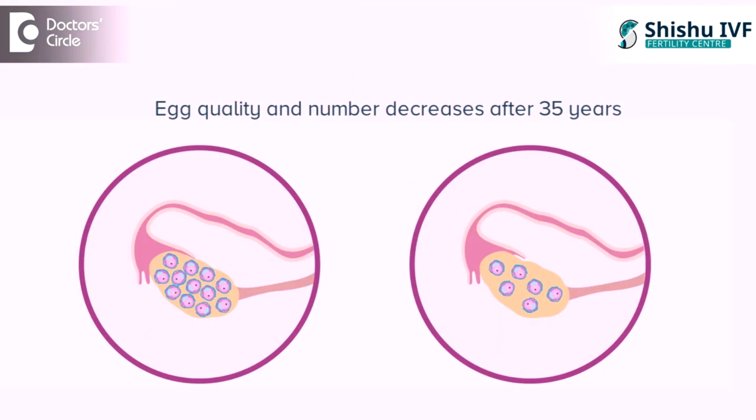So in such cases, when is the appropriate time to do it? Less than 30 years would be good because they will have good reproductive capacity at that time. Less than 35 would also be okay, because after 35 and above, the egg quality and number go on decreasing. When we are born, we are already born with a set of eggs.